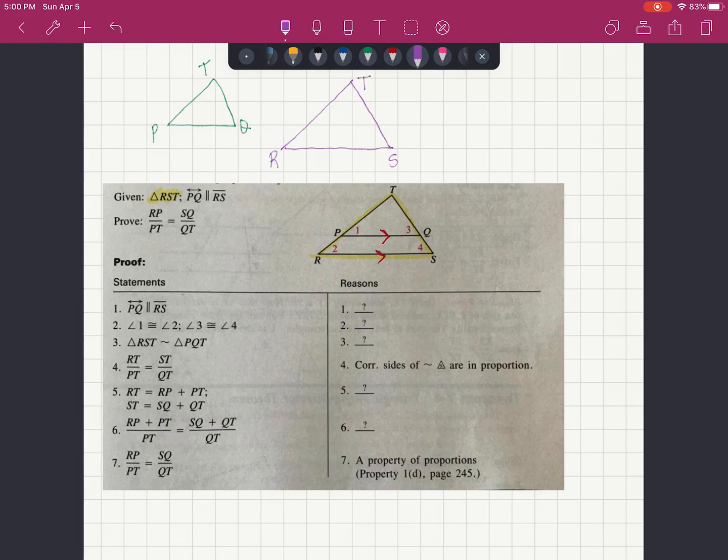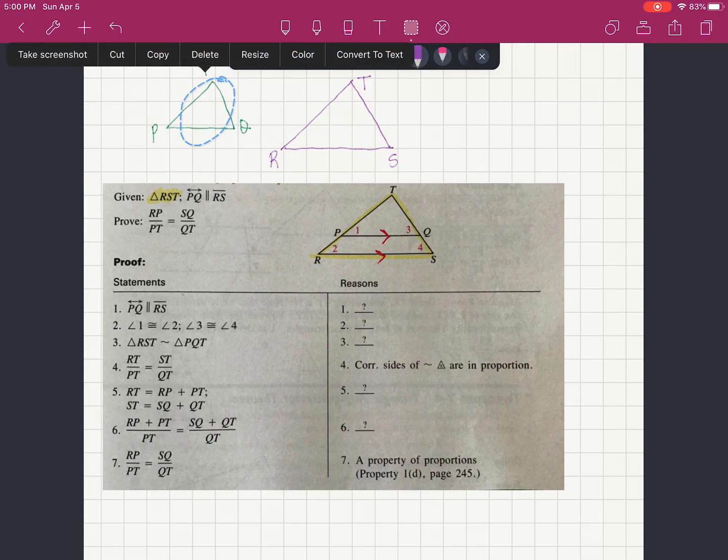It doesn't have to be perfect. So we've got PQT, RST. And if I were to take this triangle, let's see how close I got it. Oh, pretty close, that's actually not bad. Okay, so all I did was I took the two triangles and, voila, I separated them.